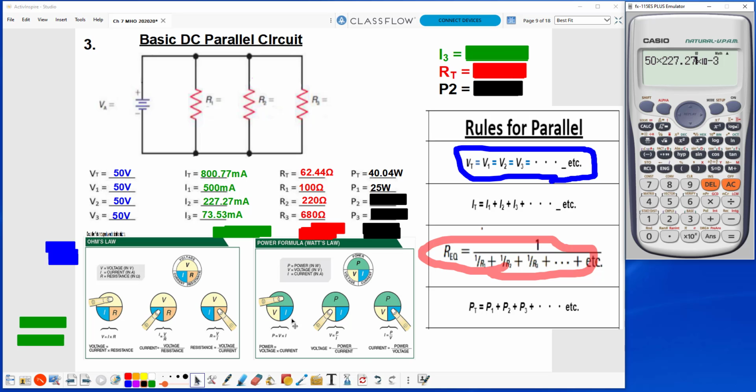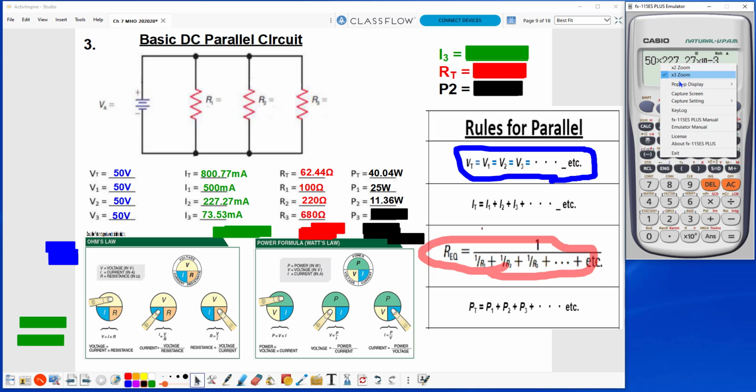When I'm looking for power, it's equal to V times I. That's what I'm doing right here. The V times the I equals 11.36 watts.